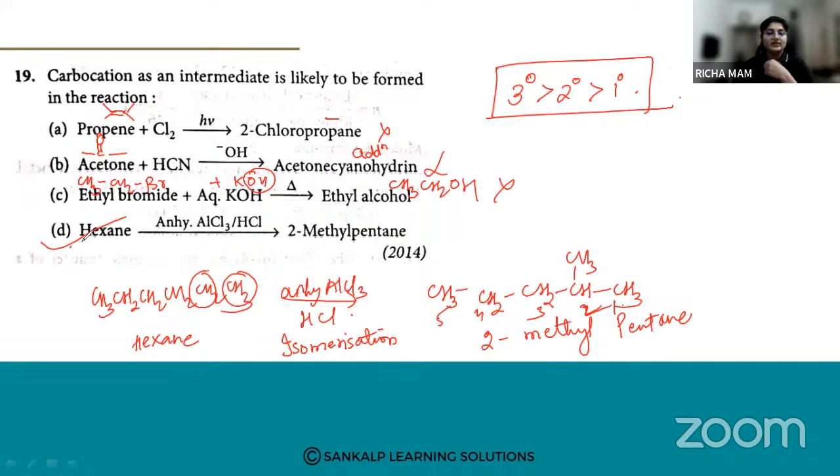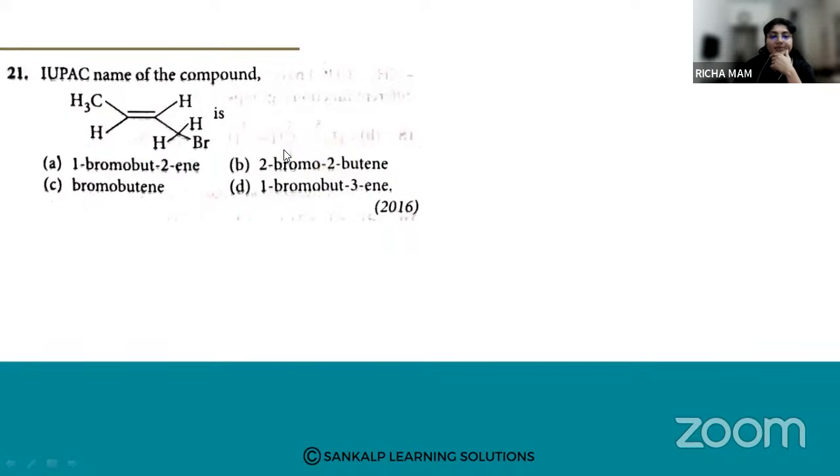Okay, fine. Let us go for the next one. IUPAC name of the following compound. So this is the compound given, and you have to tell the IUPAC name of this compound. Try to answer.